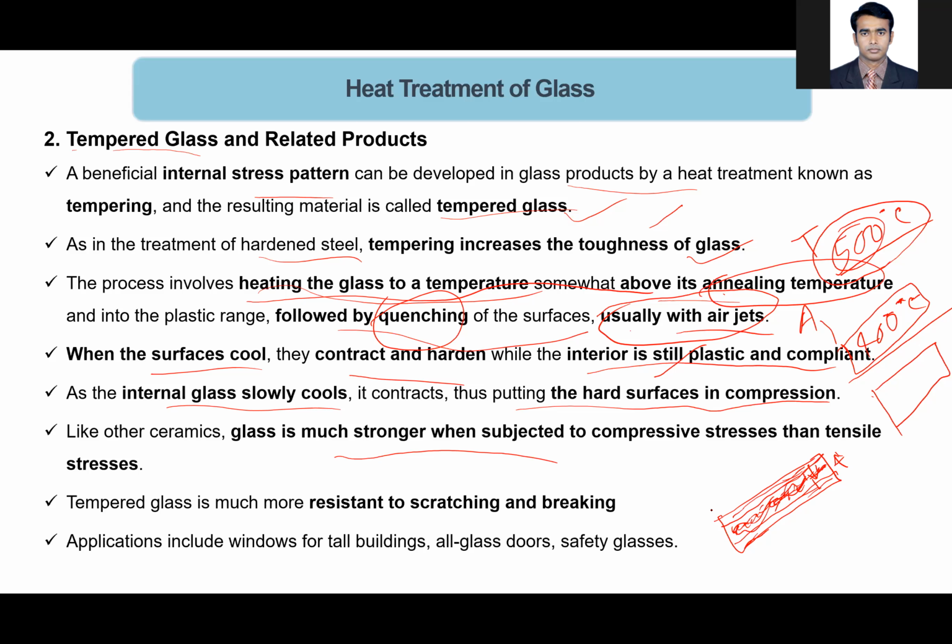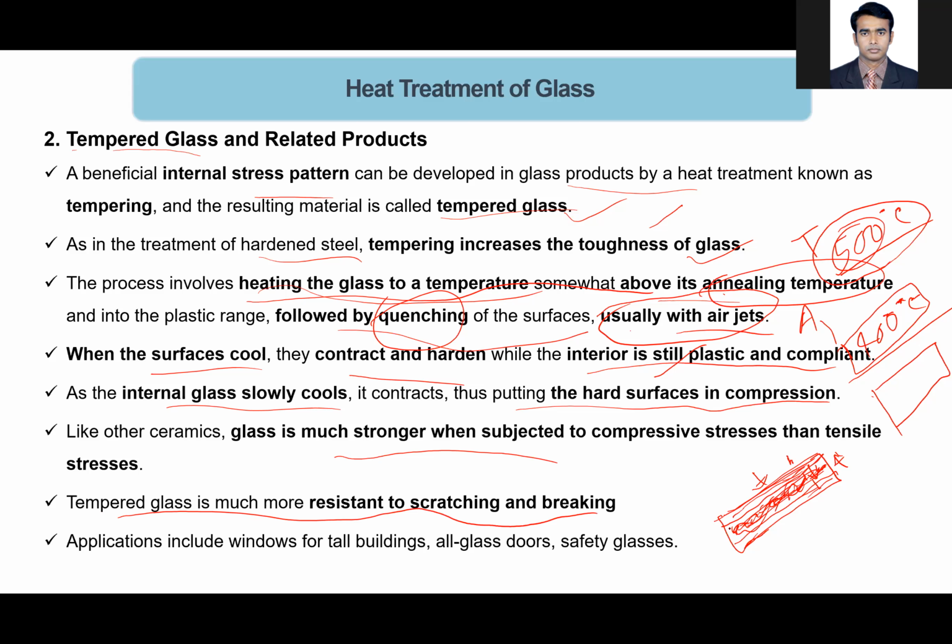At the same time, there is another benefit: the surface of the material is hardened and very hard. You get a very hard surface with a soft core, and that is what tempering is about. Tempered glass is much more resistant to scratching and breaking.